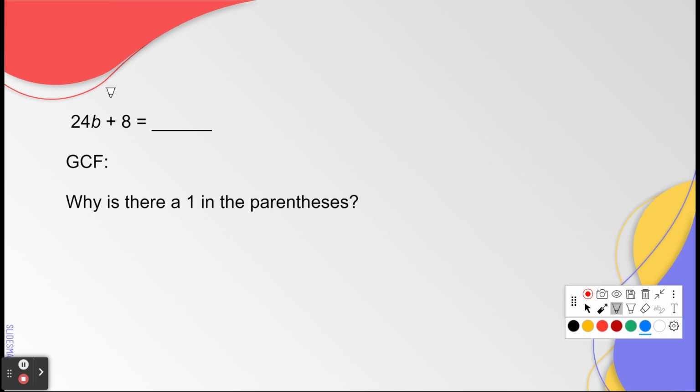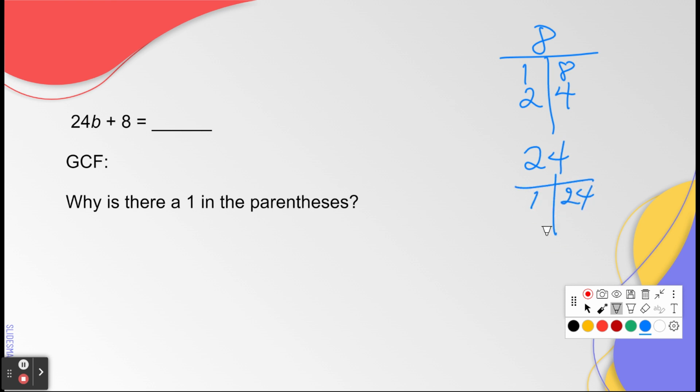So what is the greatest common factor? Let's start with 8. If you're not sure doing your factors, let's do it like we used to do. We have 1 times 8. We have 2 times 4. Those are our factors of 8. Our factors of 24: we have 1 times 24, 2 times 12, 3 times 8, and 4 times 6.